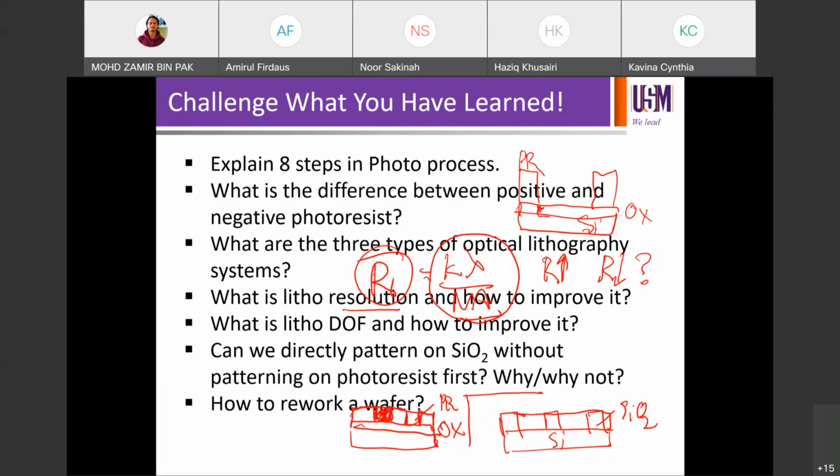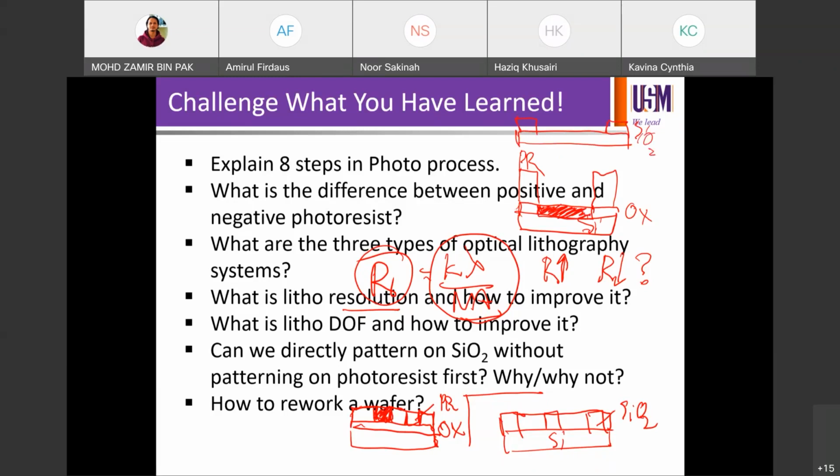When you etch, you can remove this oxide, and your oxide is now patterned. Okay, so remove the central oxide, then if you strip off the resist on top, you akan tinggal silicon there, you already pattern your oxide, you'll be left with patterned oxide.